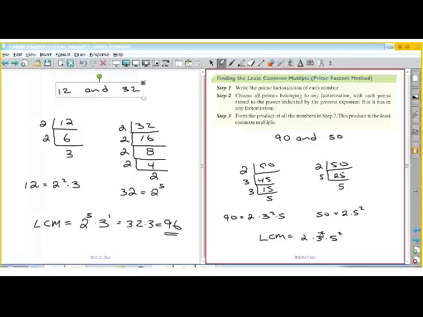And for the 5, the largest exponent is 2. They don't have to be in both of them, they just have to be in one of them. And then you pick the largest one. So that'll be 2 times 9 times 25, which is 450. So 450 is the least common multiple.